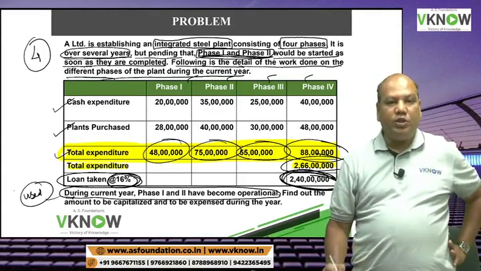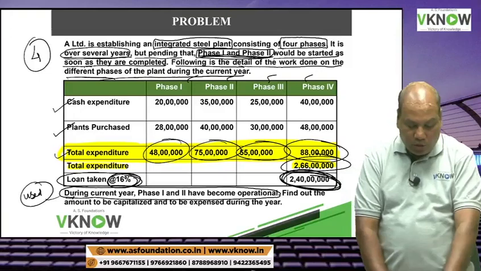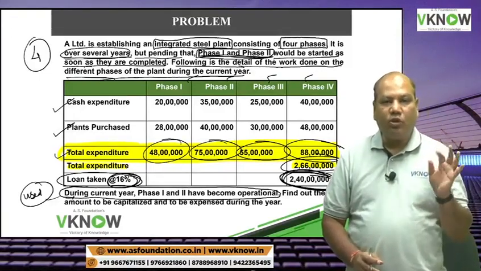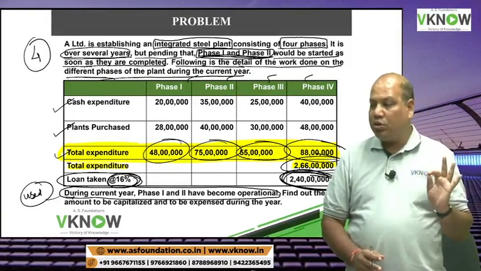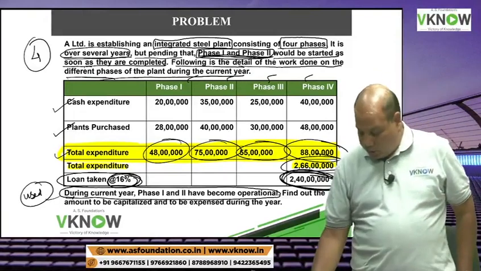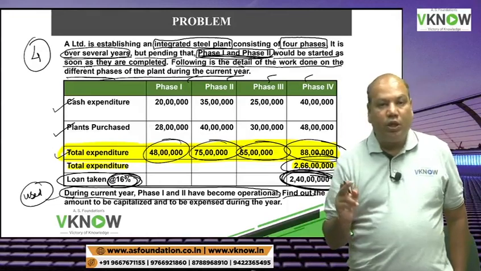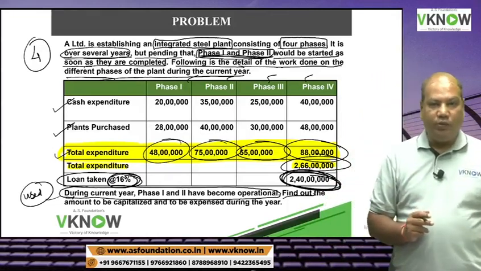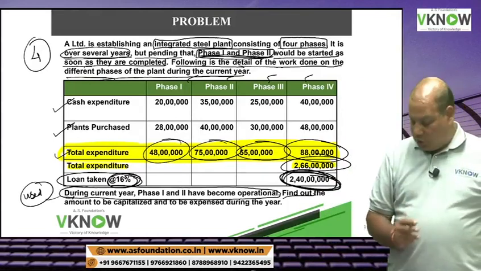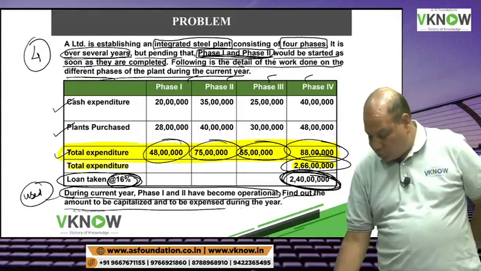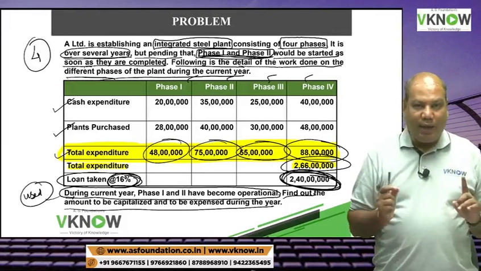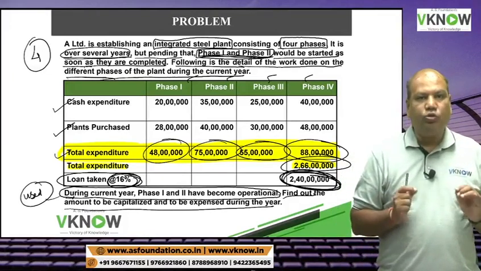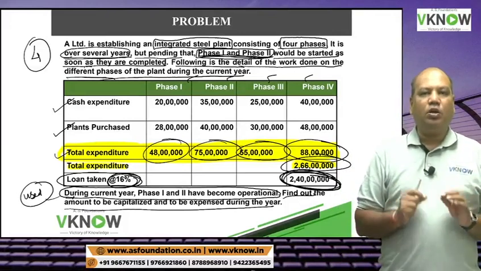So the borrowing cost relating to phase 1 and phase 2 will be charged to the P&L account because they have become operational. And the borrowing cost relating to phase 3 and phase 4 you will continue to capitalize because they are not yet operational. The question is, how much amount will be capitalized and how much amount will be charged to the P&L account?